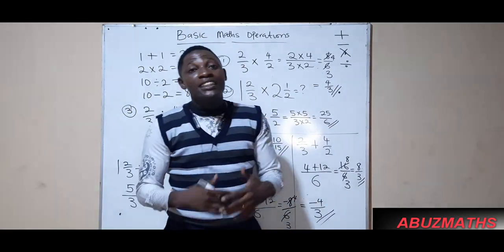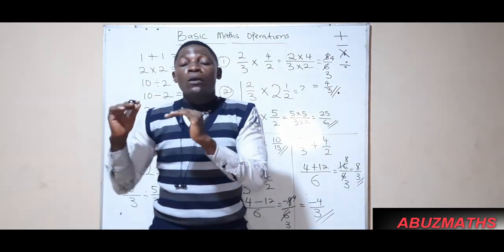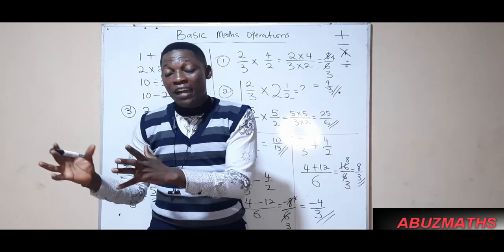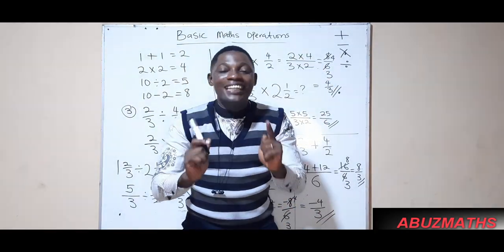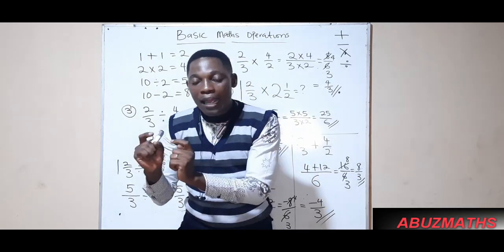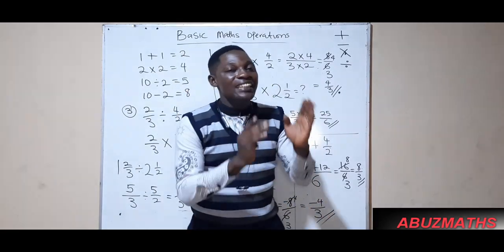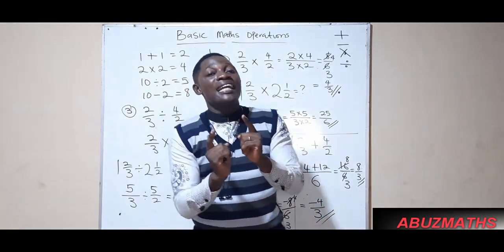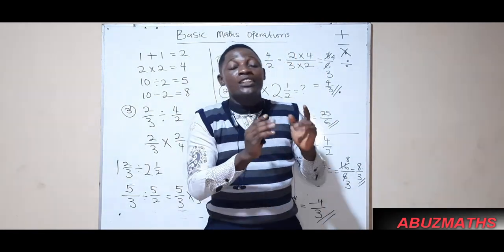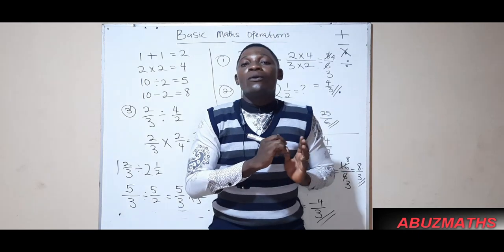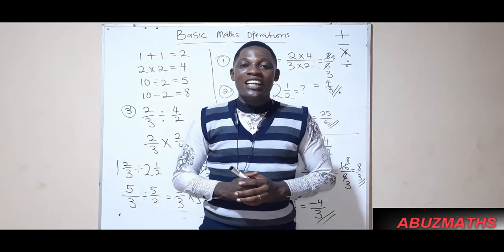Now, after that, you can solve like a multiplication: multiply the two numerators, multiply the two denominators, and you get your final answer. For addition and subtraction, the first step is to look for the LCM of the denominators. When you get that, you divide the LCM by the denominator, and the answer you get, you multiply by the numerator to get your new numerator. And by the time you do that using the signs, boom, that is all.